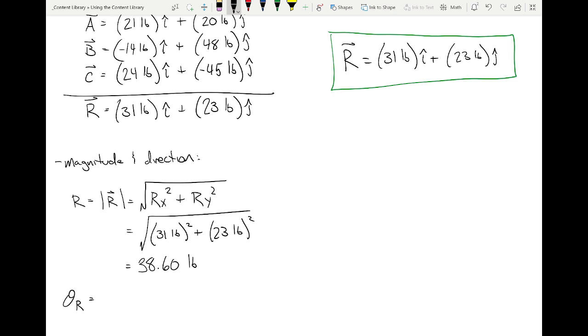Inverse tangent, just like we've been doing this whole time. Inverse tangent of what? So, 23 over 31. So what is that? We'll say 2 decimal places. We got an angle.